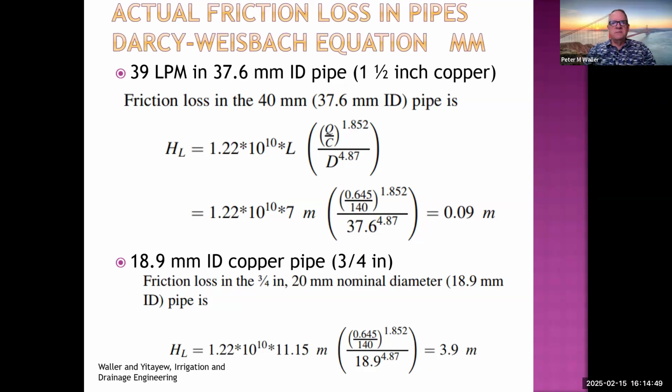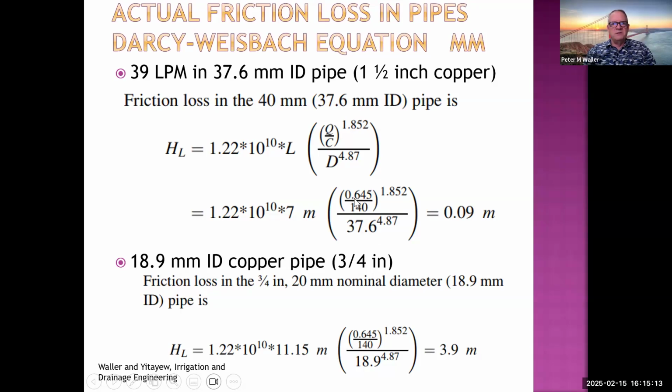Okay, and here are some sample calculations for the pressure loss. This is the 1.5 inch copper. We had 7 meters of 1.5 inch copper. And this is the Darcy-Weisbach equation. This is the diameter of the 1.5 inch pipe.